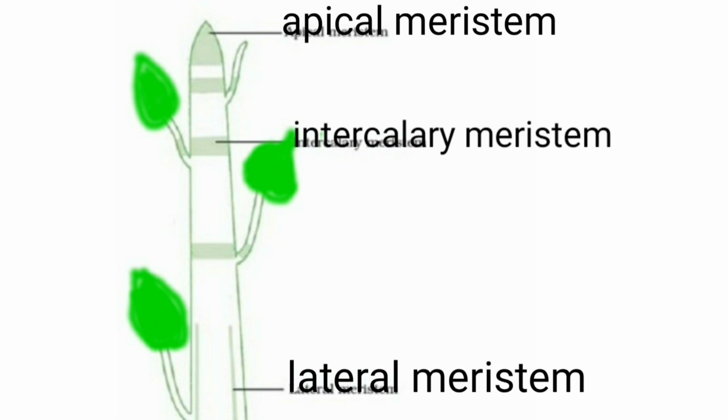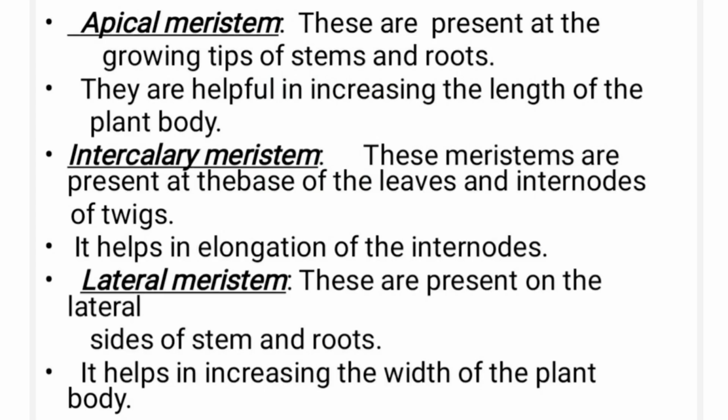Apical meristem is present at growing tips of stems and roots. These are helpful in increasing the length of the stems and the roots. Intercalary meristem is present at the base of the leaves, at nodes or internodes. Internodes means the space between two nodes.